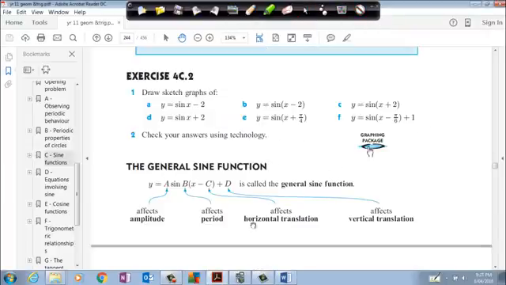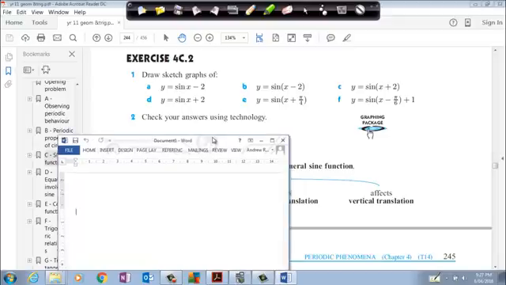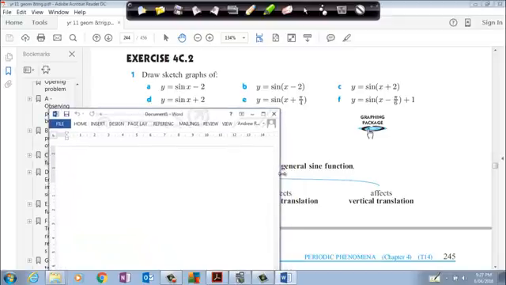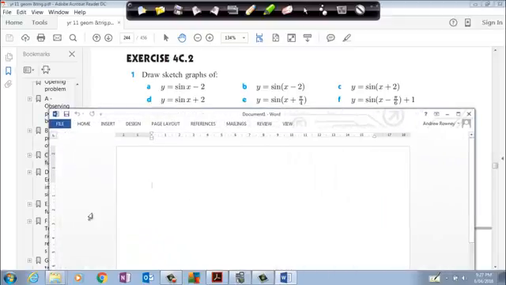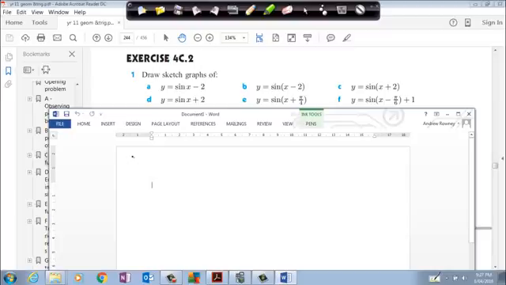So a typical question would be as in 4C2. We'll just do some of those. So the very first one is y equals sine x take 2. So part A, first of all you always draw the base sine curve and then you change it according to the new function.